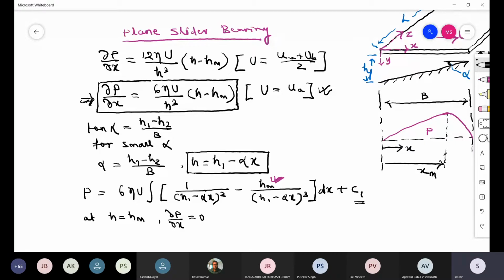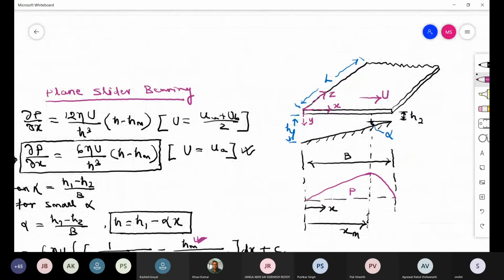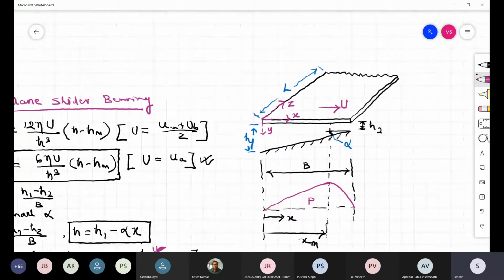Now the height corresponding to this point is actually your hm.